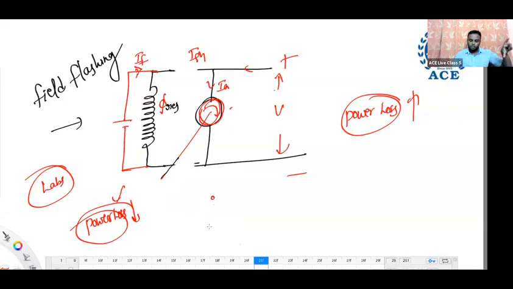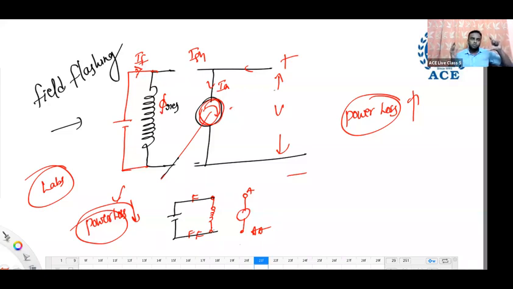On those panels, terminals are indicated: F, FF for the field winding, and A for the armature. Have you remembered this? If you want field flashing, just take a small battery and connect it to the field terminals directly with wires. Very, very easy it is.